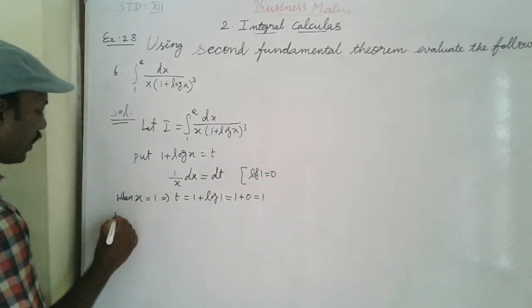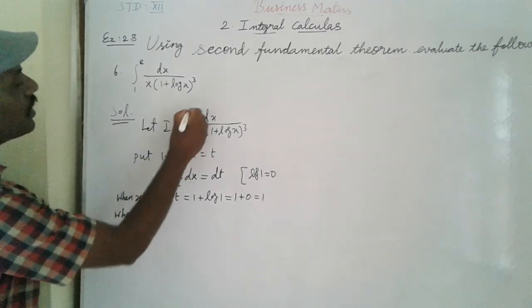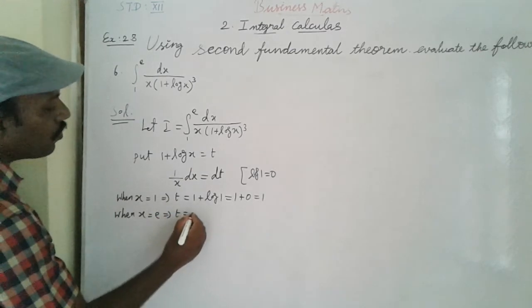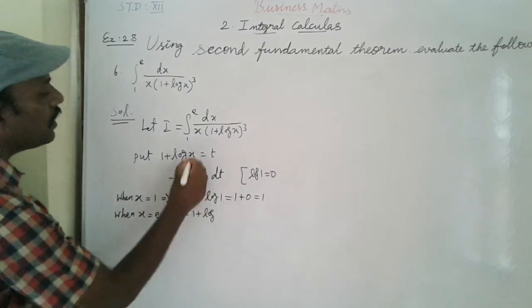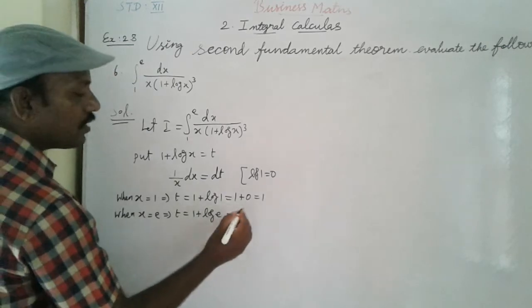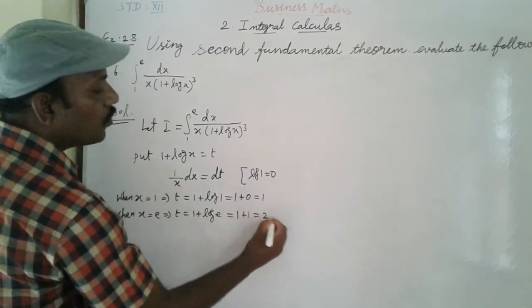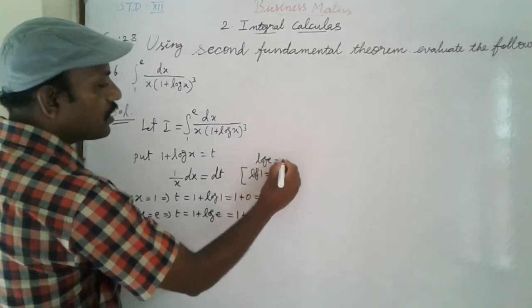Next, when x equals e, t equals 1 plus log e. We know that log e is 1, so 1 plus 1 equals 2.